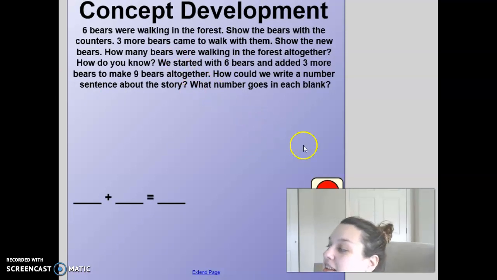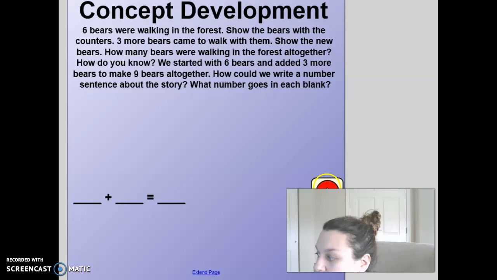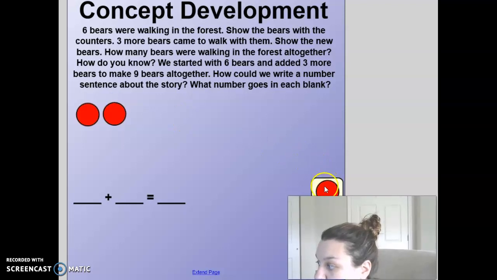Okay, let's do it. 6 bears were walking in the forest. Can you draw either 6 bears or 6 shapes on your paper? I'm going to draw circles. 3, 4, 5, 6.